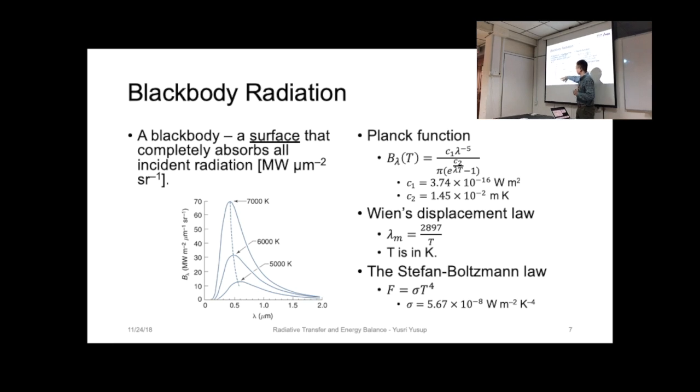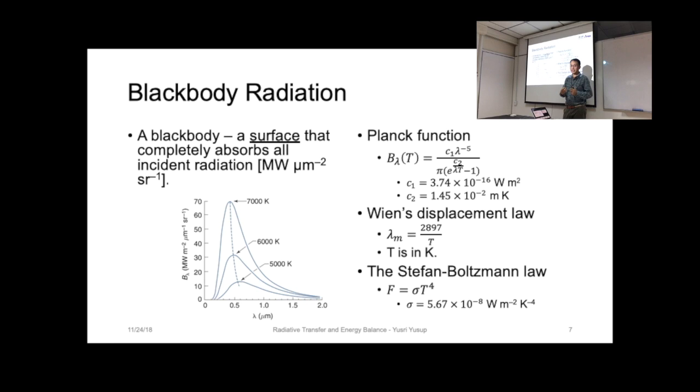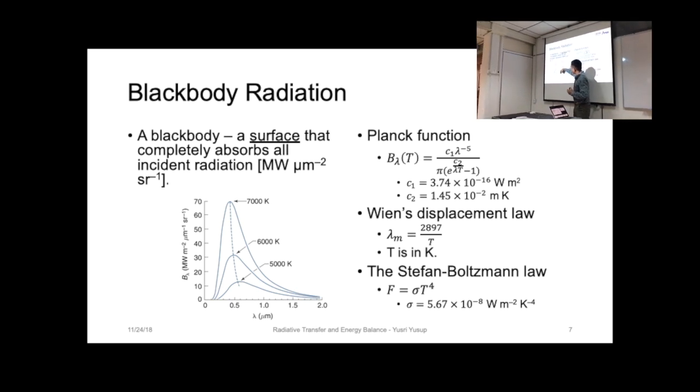Another thing is that if the black body has a certain temperature, the amount of radiation that escapes it, or we don't want to say escape because it absorbs, right? But the temperature of the black body would give a high value at a certain wavelength. So if the black body is at 5,000 Kelvin, then the black body value is about 11 or so.